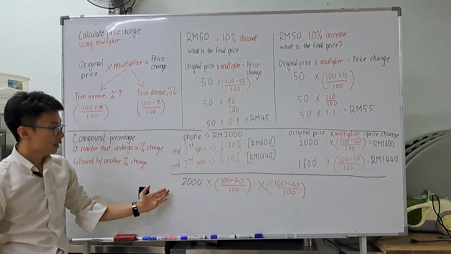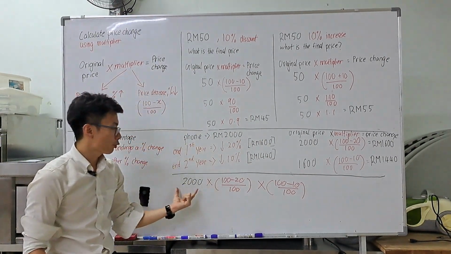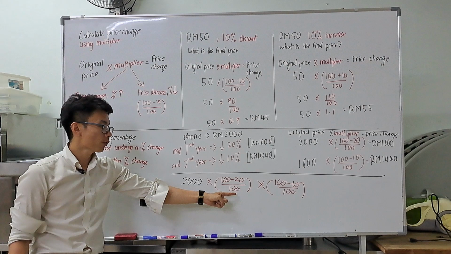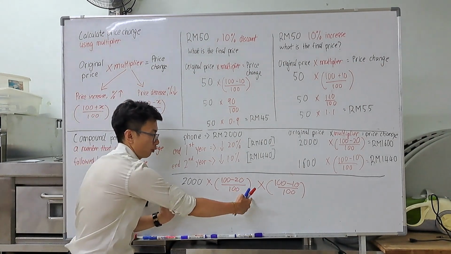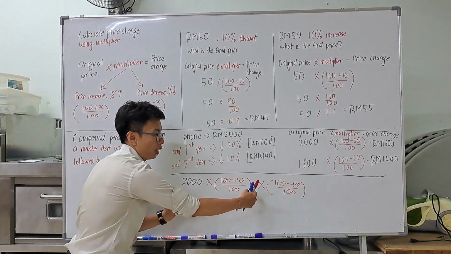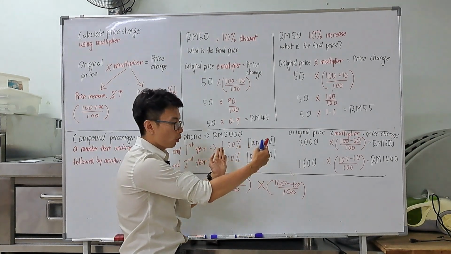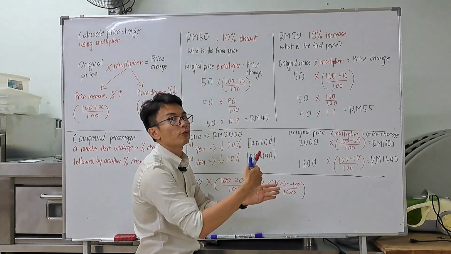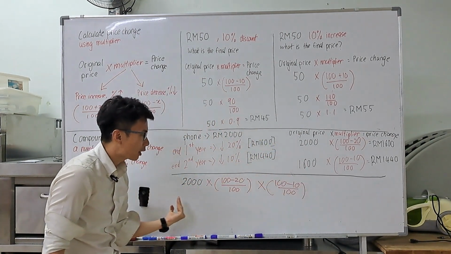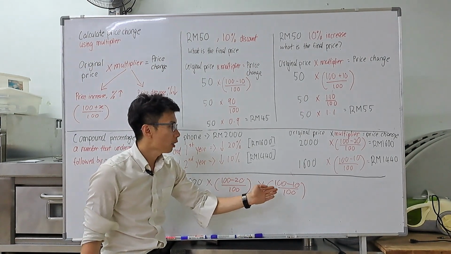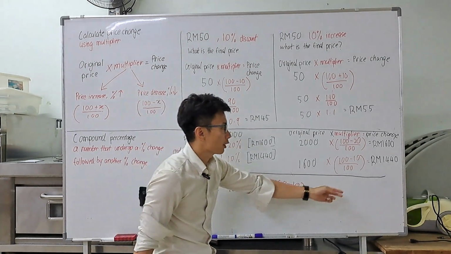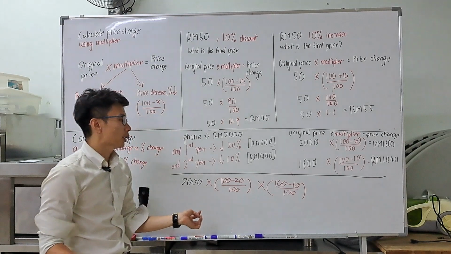Can you see this is an alternative way we can do it? The original price changes in the first year, and then the total price undergoes a further change the following year. That's how we can write it, and if you calculate all these things, you should get back 1440.